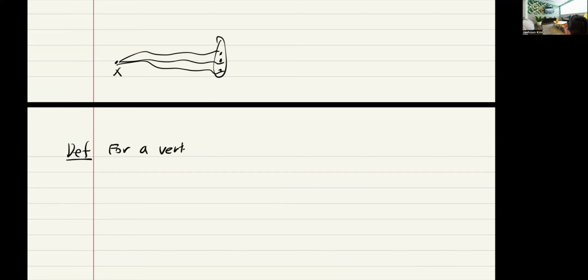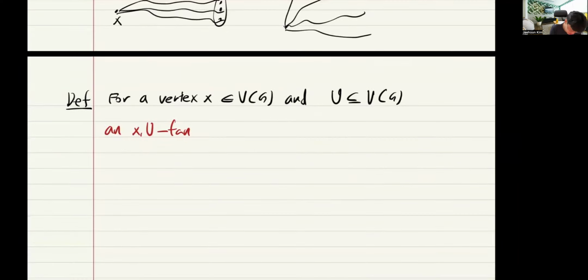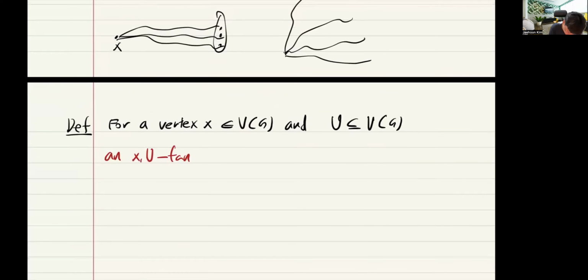So for a vertex X and a vertex set U, we define an XU fan. So you take one vertex and then paths. It looks like a fan. So we say that this is the XU fan of size k.